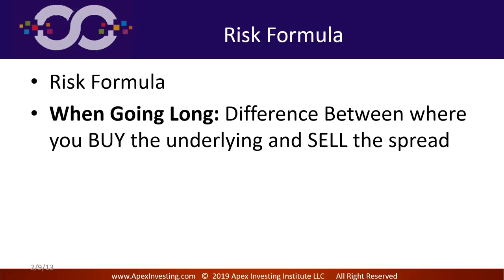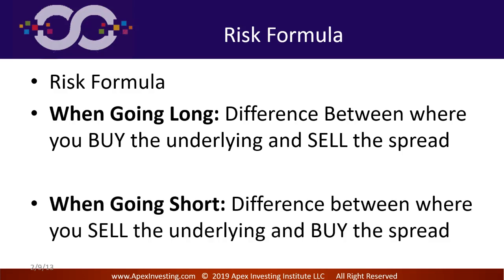We'll make it 1,010. Okay? And I sell the spread at 1,005. Okay? Then my risk is $5. Does that make sense? If I buy at 1,010 and sell at 1,005, my risk is $5. It's just where I buy and I sell. That literally is how you figure out the risk.